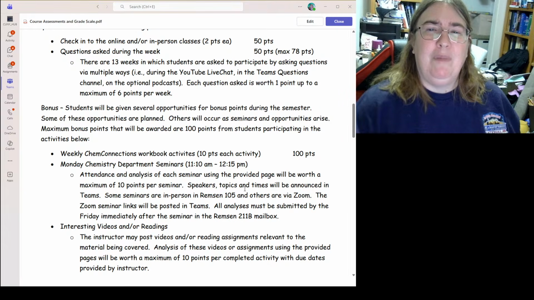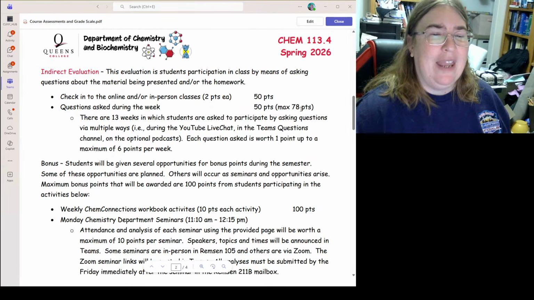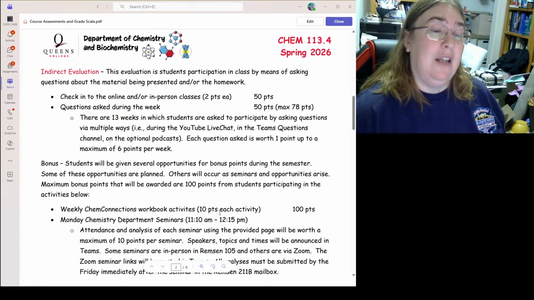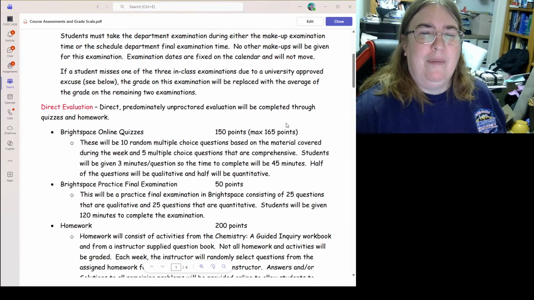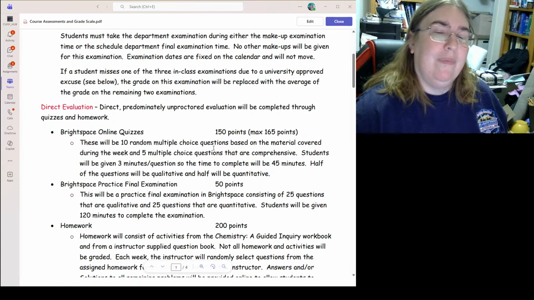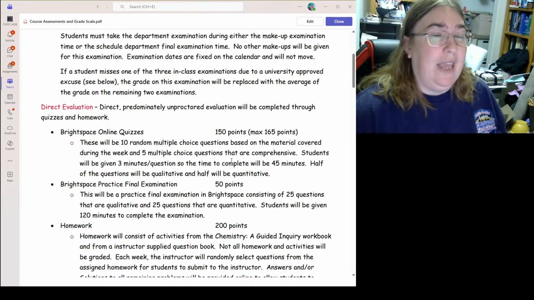Now, there are a couple of other places where bonus is. Questions asked during the week, you can earn up to 28 additional bonus points there. That's not part of this 100-point cap. And there's also some bonus points in terms of the online quizzes. So again, that's not part of the 100-point cap.